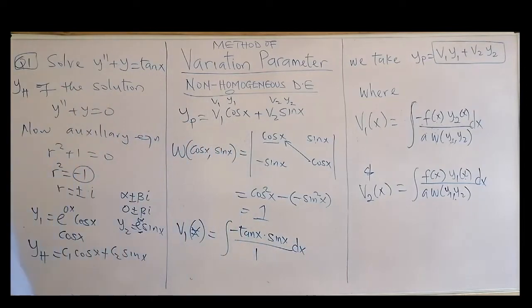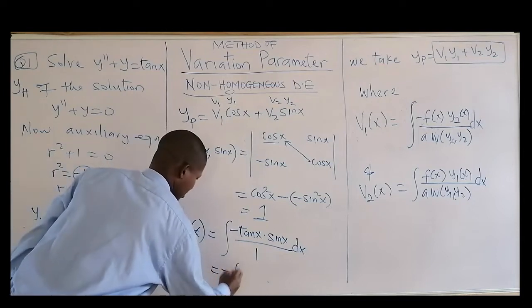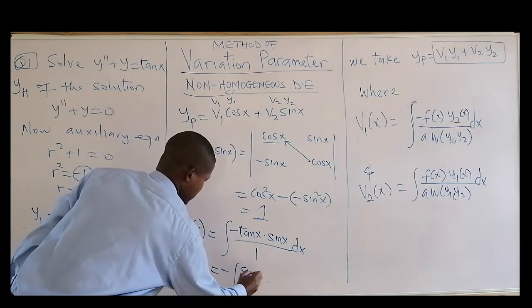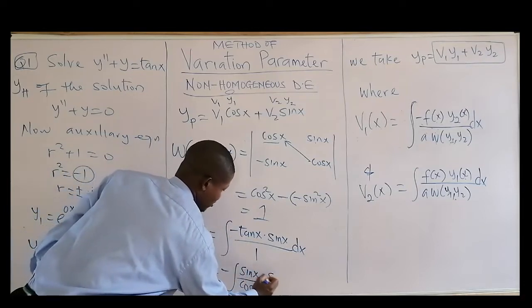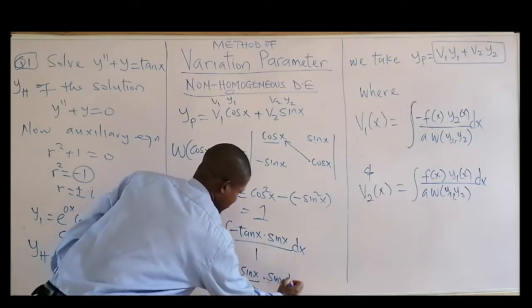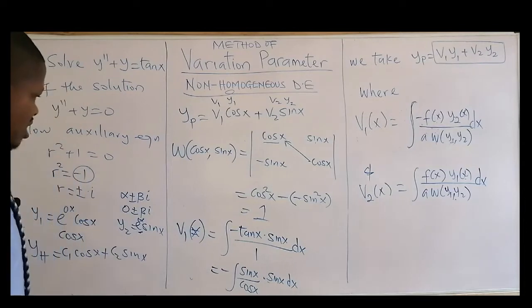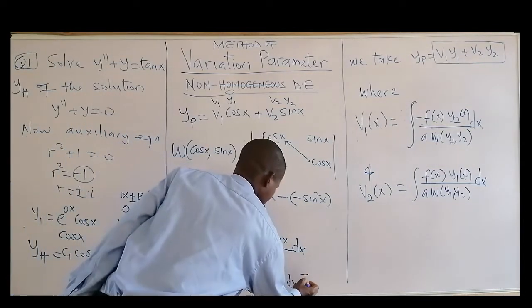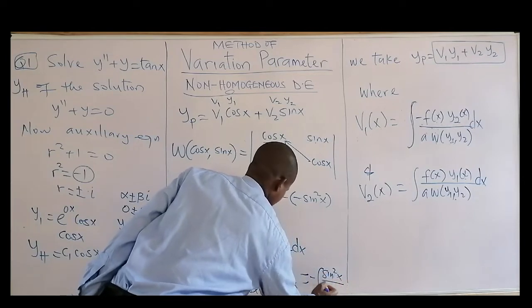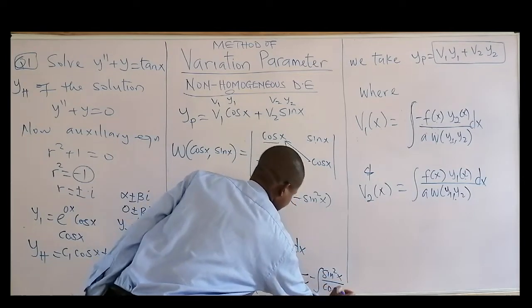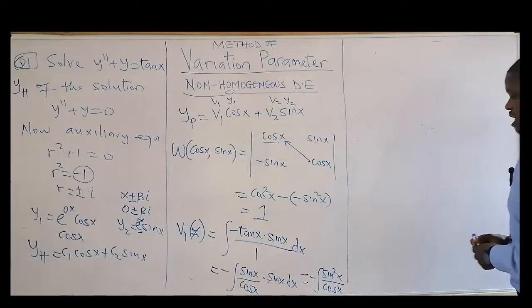We take the minus outside, and that will be sin x over cos x, that's tan x, times sin x dx. That gives us minus the integral of sin square x over cos x.